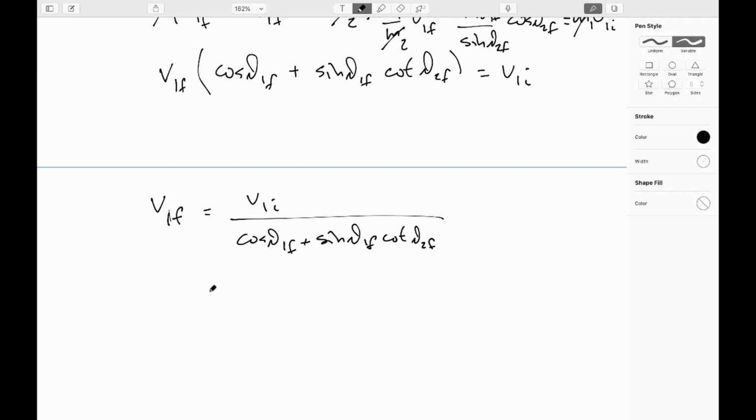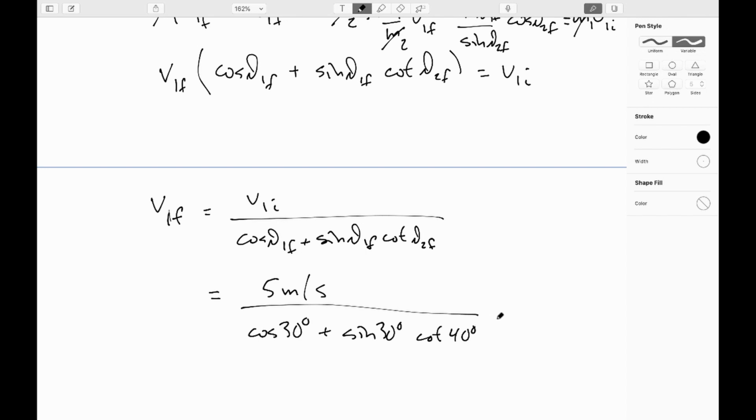So let's go and put in our values. V1 initial is 5 meters per second. For theta 1 final, that was 30 degrees, so cosine 30 degrees plus the sine of 30 degrees cotangent of 40 degrees. Grind that out through your calculator, you'll get 3.42 meters per second.